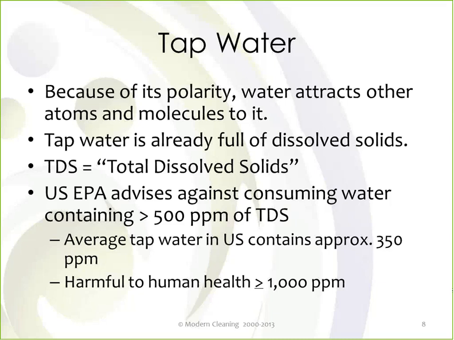It advises consumers against consuming water containing more than 500 parts per million of total dissolved solids. The average tap water in the United States contains approximately 350 parts per million. And I mentioned ours was 94 here, just out of our tap water. The US EPA considers anything over 1,000 as harmful to human health.